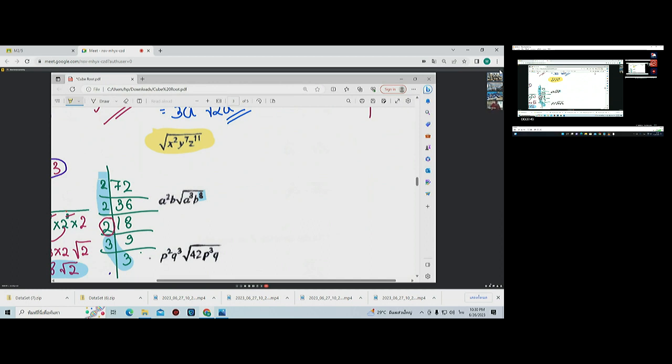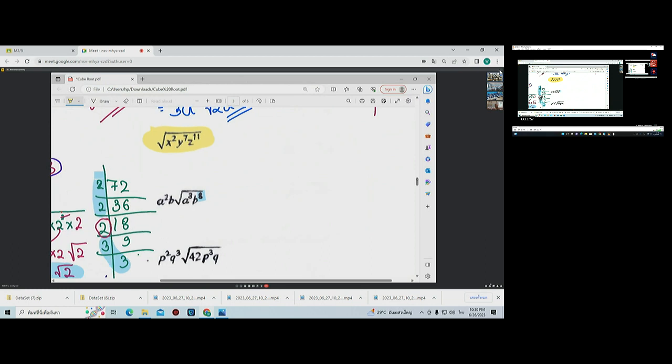Okay, student number 10. Number 10. What is the answer? Everyone quiet. I couldn't hear his answer.